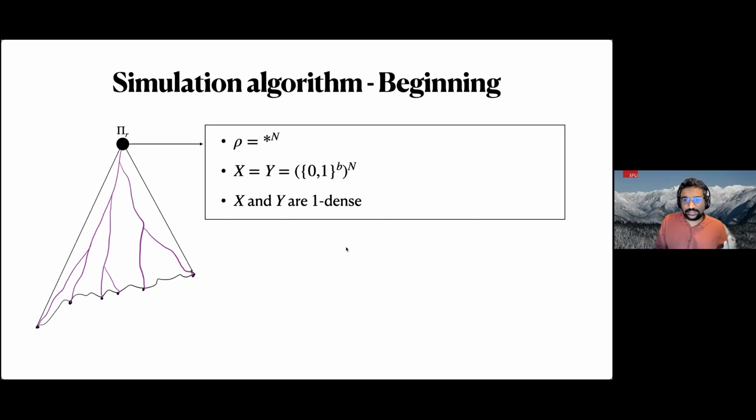We start at the root of the protocol, where we have not queried anything, so rows are all stars, and we are thinking about the inner product gadgets. So x and y are both b-bit strings. At the root, both x and y are one-dense. Their min entropy is the maximum possible, so the density rate is not 0.9, it's exactly 1. So our invariants are maintained at the root.